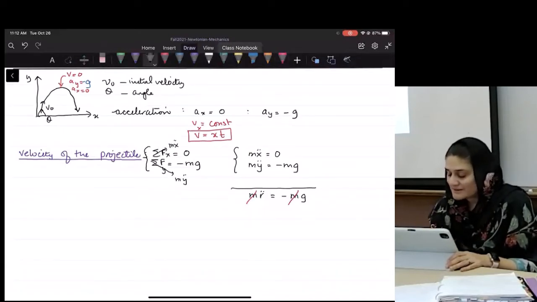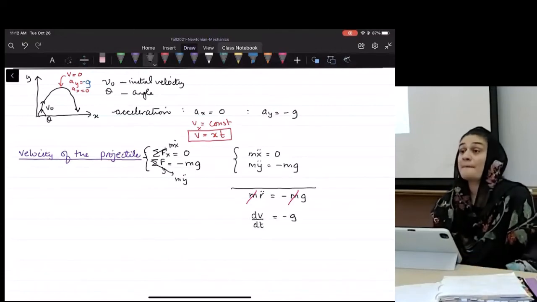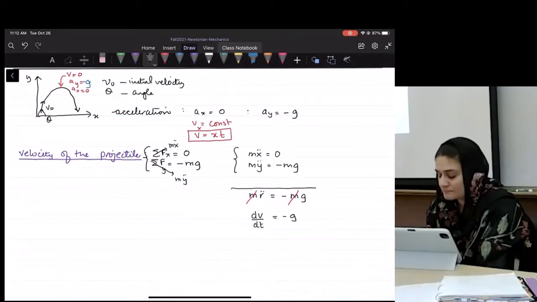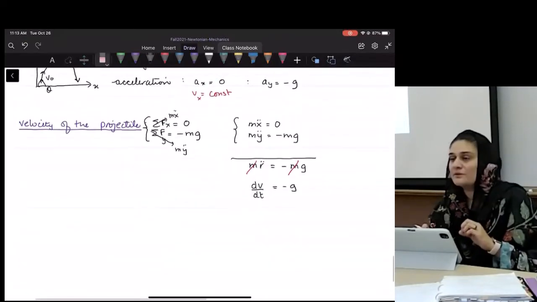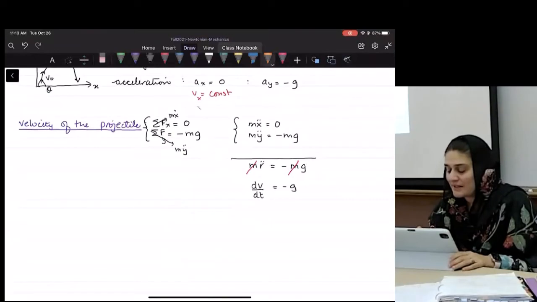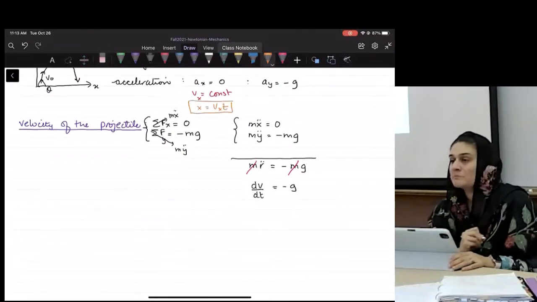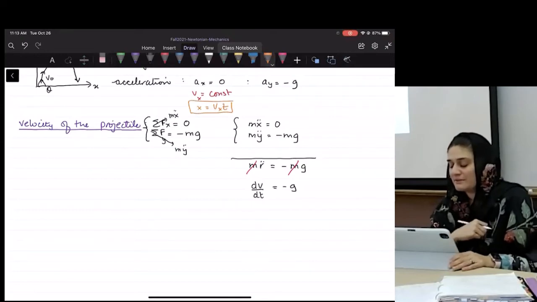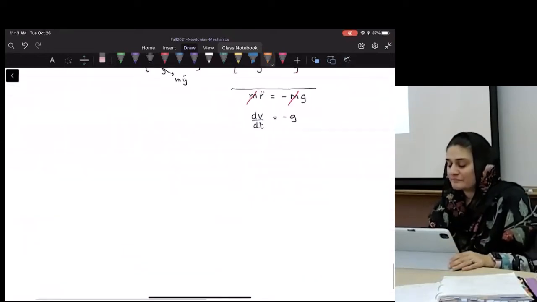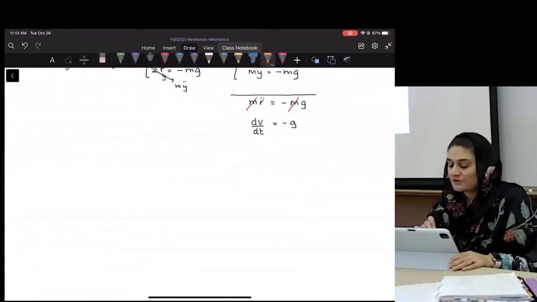So may I write this as dv over dt equals minus g? Yes? Where did v equals x times t come from? Yeah, ignore that. So you're right. This should be x equals vx t. Yeah, that was me writing it wrong. Okay, so far so good?